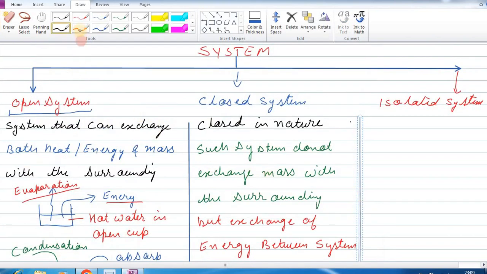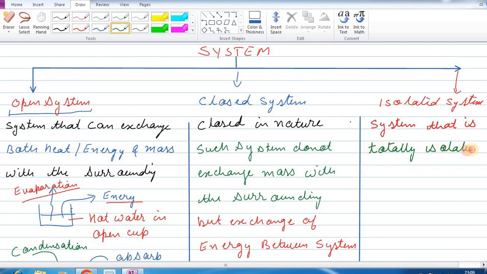Okay, so an isolated system is a system that is totally isolated from its surrounding.